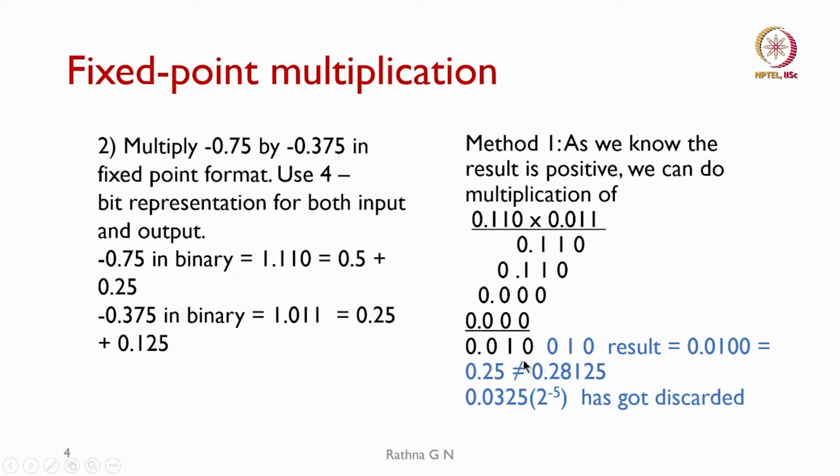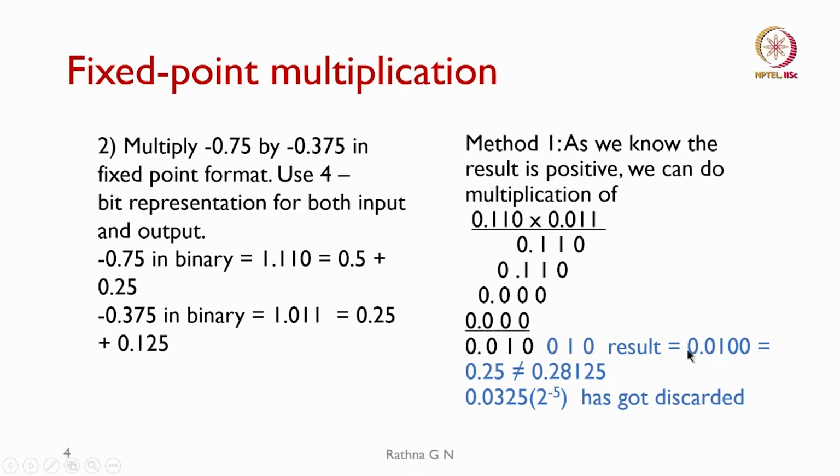So, the resultant as you are seeing here is 0.010010. Because I said input and output have to be in the 4 bit format, and we said we will be discarding the LSB bits, in this case these 3 bits are going to be discarded.